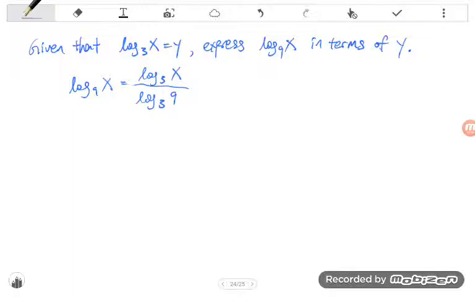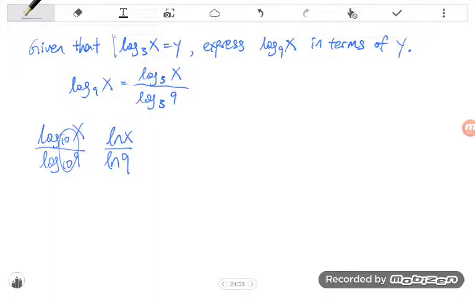Why do you think I chose the base of 3 over here? Why did I do that? Why did I go with, say, log x to the base of 10 over log 9 to the base of 10? Why didn't I choose the base of 10, or why did I not go with the natural log?